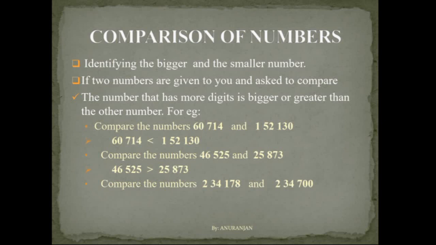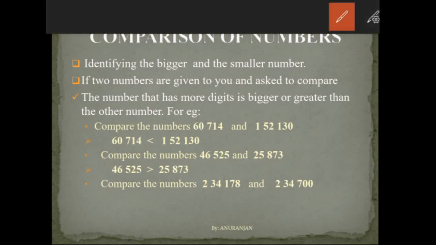Now let's compare the other two numbers. 2,34,178 and then we have 2,34,700. Now if you try to count the number of digits in both the numbers, it is the same. So we'll try to see the leftmost digit of these two numbers.